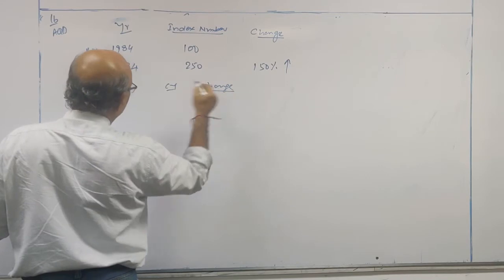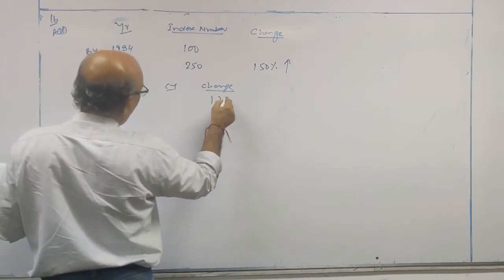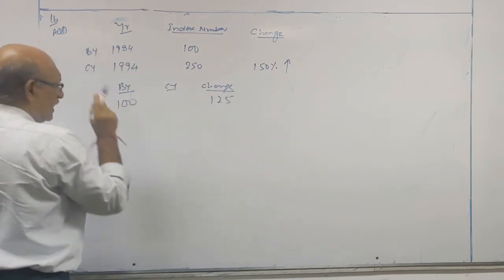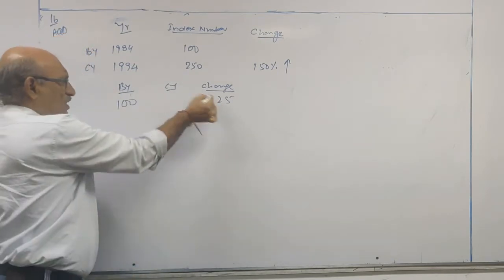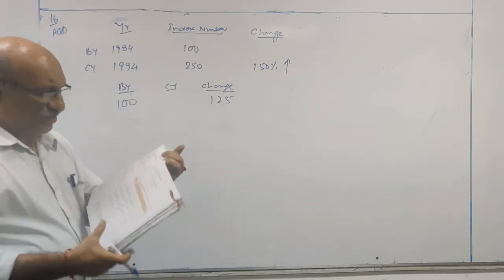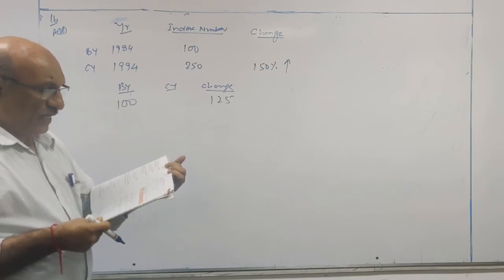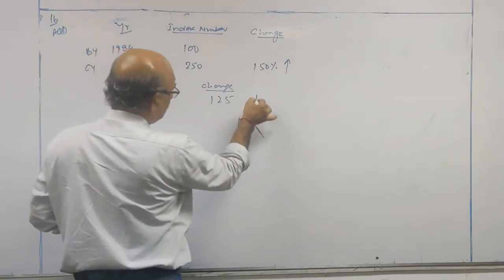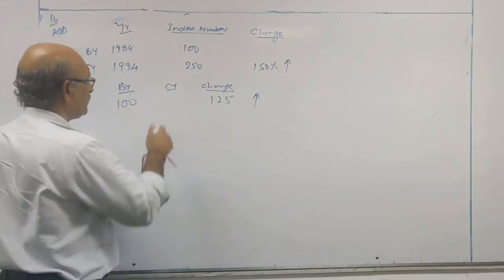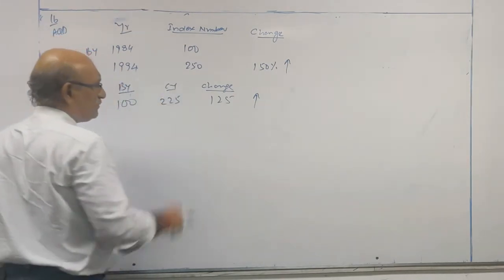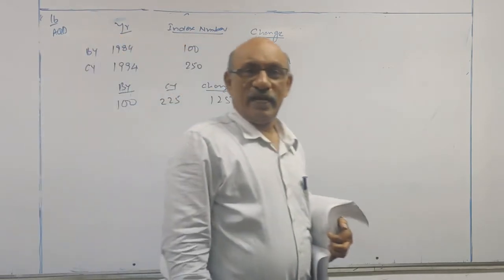Change is given 125, base year is 100. Since it says increased, it is an upward trend, so I add these two figures. Change plus base year index is equal to current year index. It is 220.